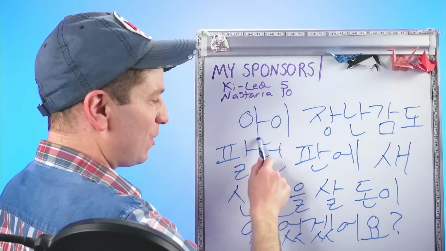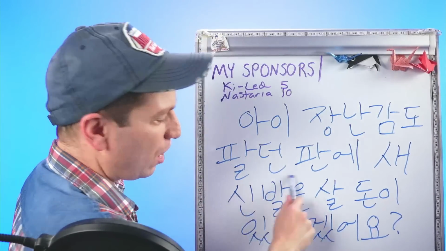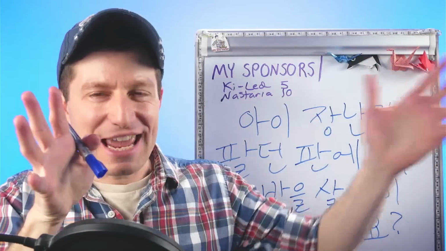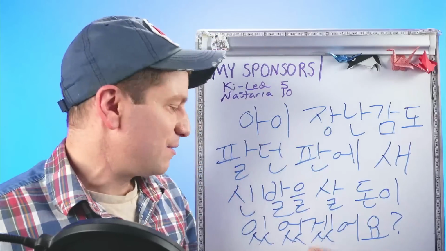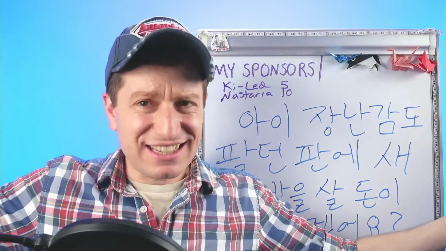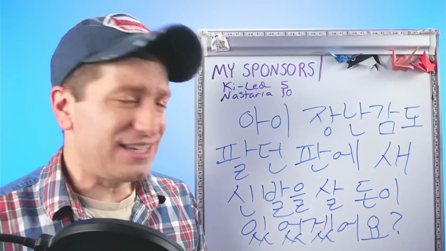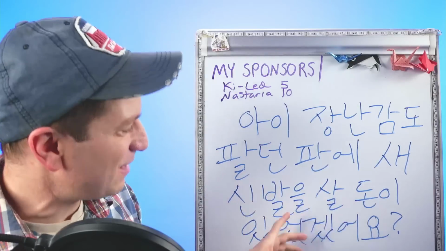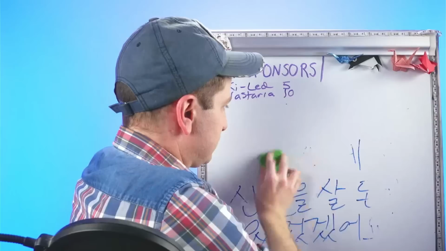So even the kids' toys, 팔다, to sell. 던, someone was doing something up until now in the past. So they had been selling even their kids' toys. Do you think they would have had money to even buy new shoes? 장난감도 팔던 판에 새 신발을 살 돈이 있었겠어요?